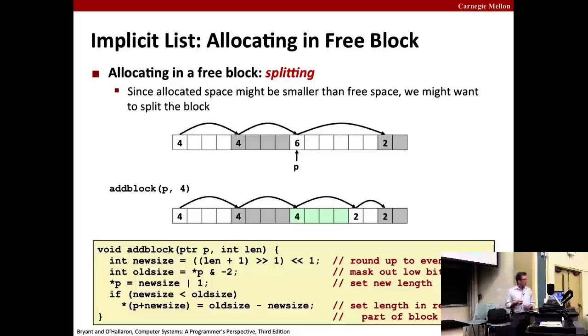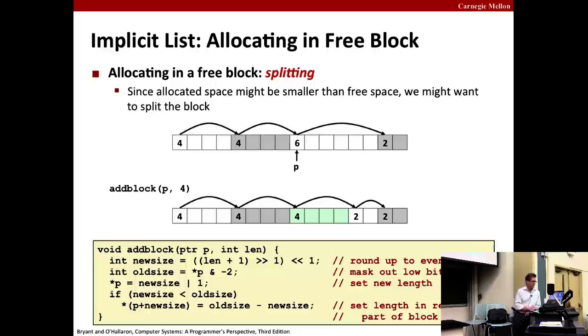Now what does it do? There's a question of how it allocates. It could allocate the whole block and return that back to the programmer, or it could choose to split out just the portion of the block that's needed, and then create a smaller free block.